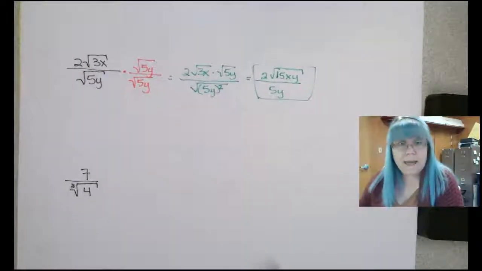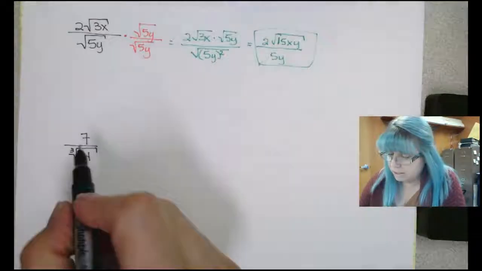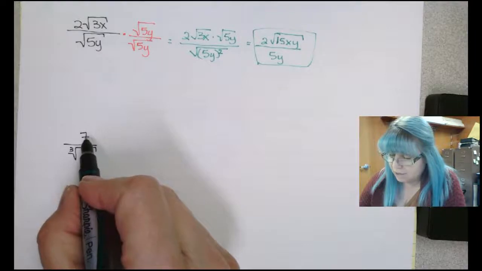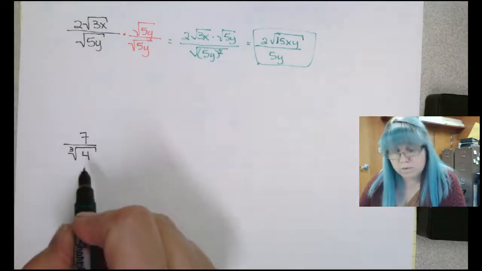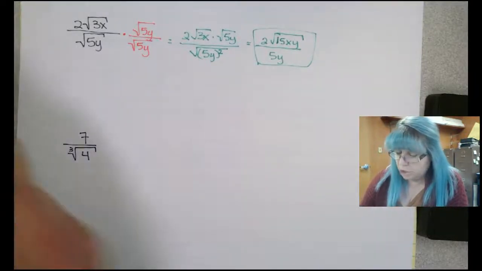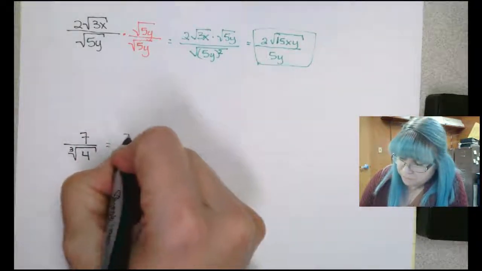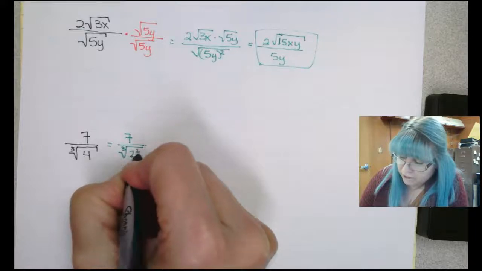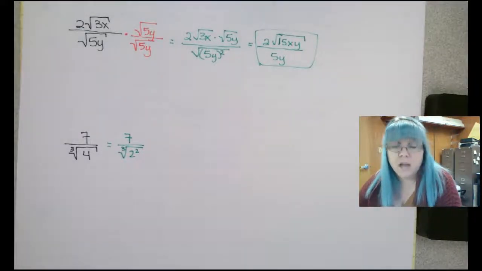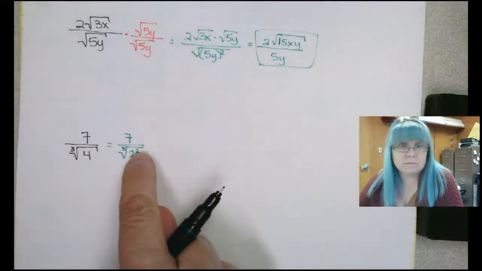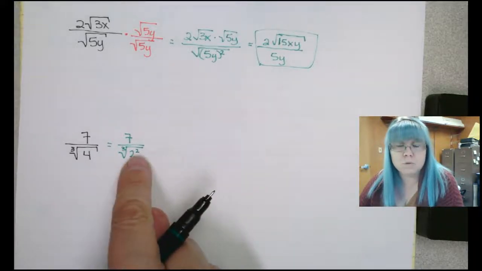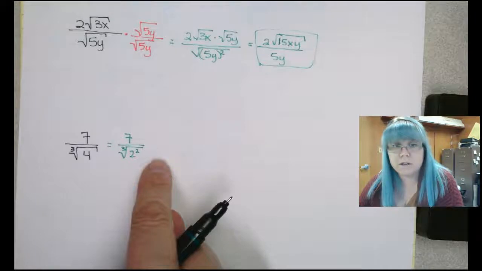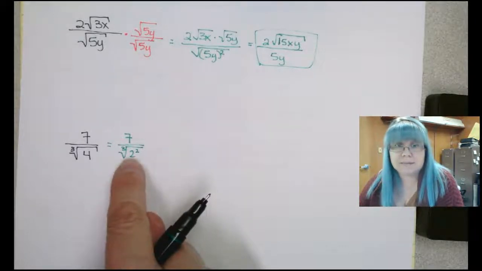Okay. What happens when it is 7 over the cubed root of 4? Well, the cubed root of 4, I can write it as the cubed root of 2 squared. I'm looking for a 3 here. If I have a 3 as a power, it will pop out, because the cube root of a third power is that base.